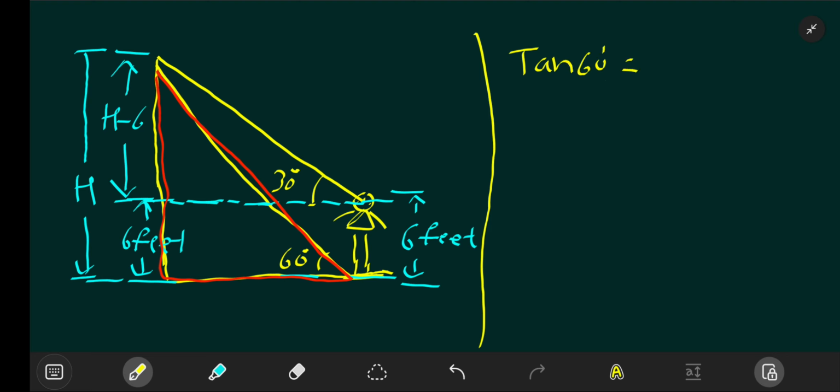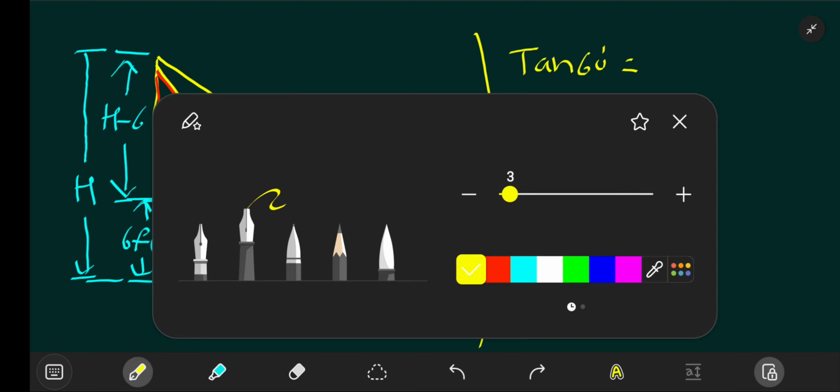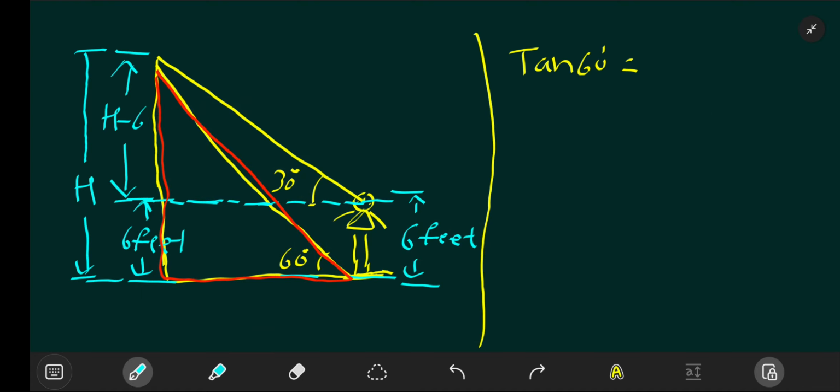Because the hypotenuse is not given, but the common base is there. Let's assume this common base as x.